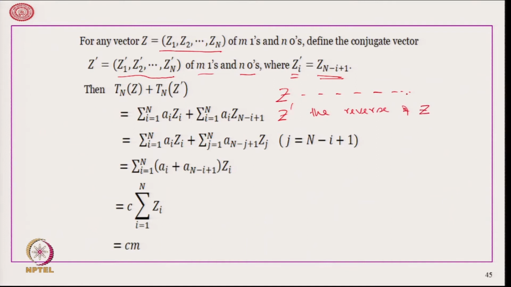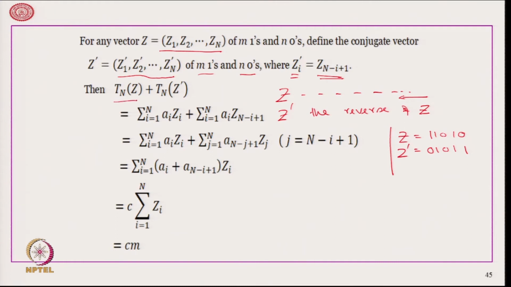That means, we look at it from this side. Therefore, if z is equal to 1 1 0 1 0, z prime is equal to 0 1 0 1 1. So, that is the basic property.